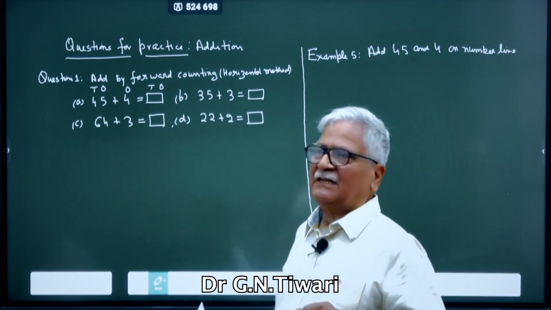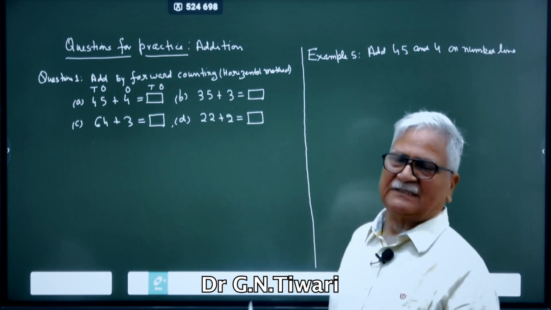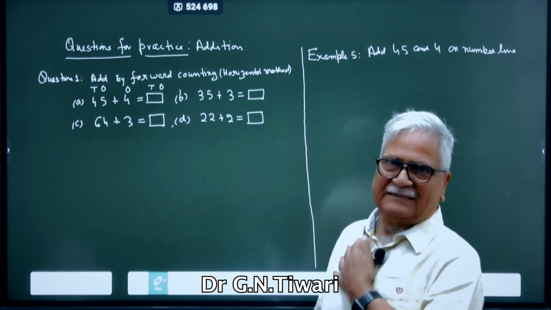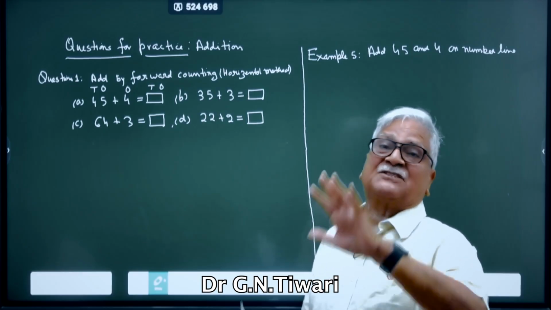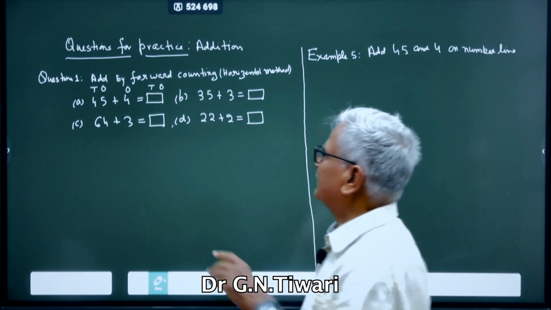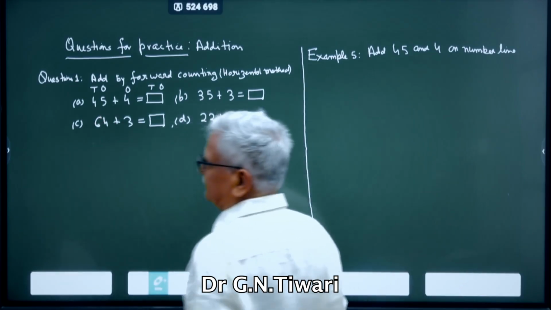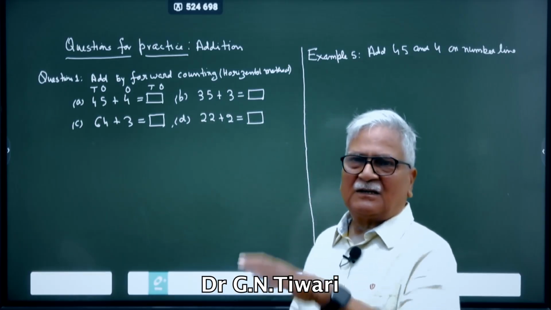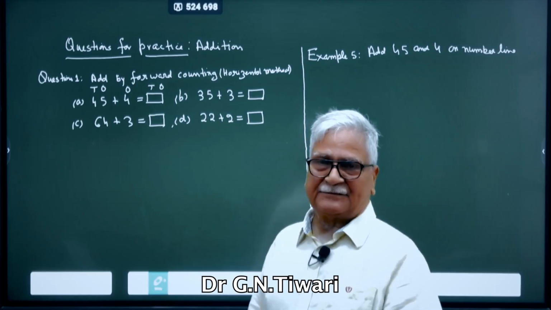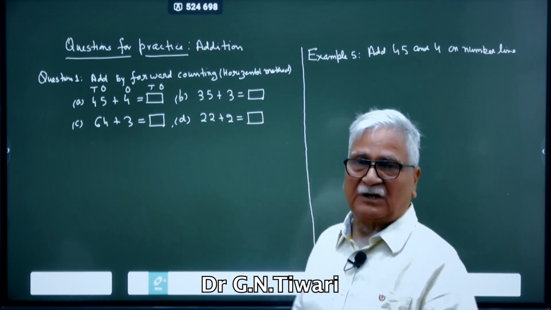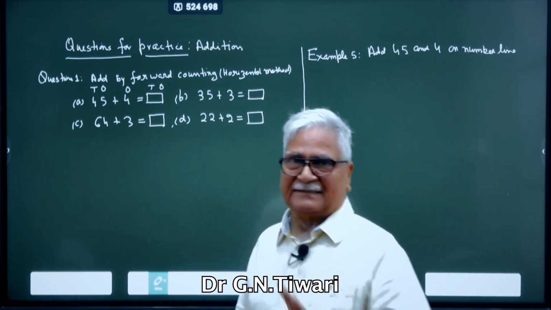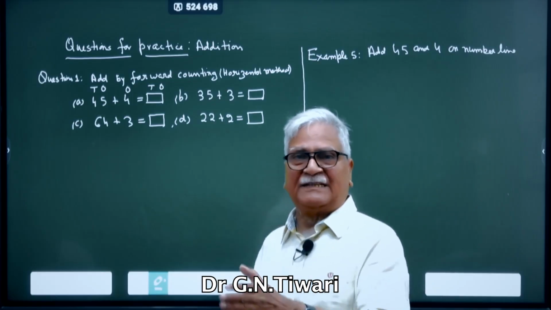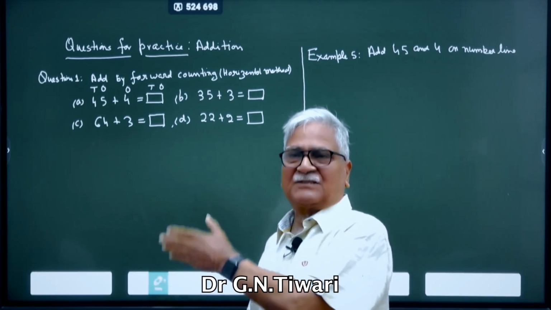If students know the counting, when I tell them to draw the number line, you have to take the biggest number to start with. Think over it. It is 45, and before 45 the tens number is 40. So the number line should start from 40 to 50 or 60.